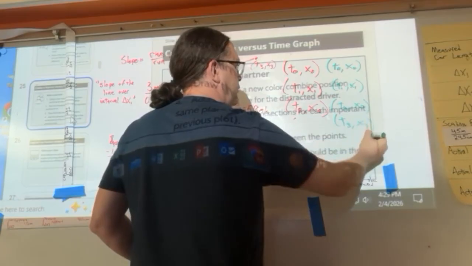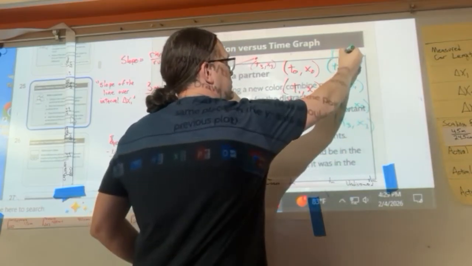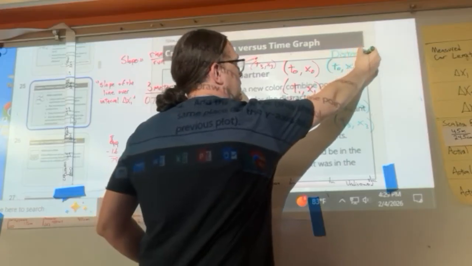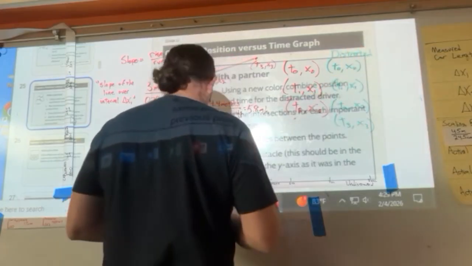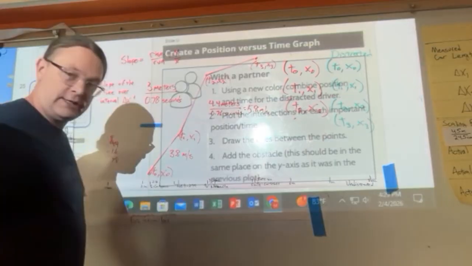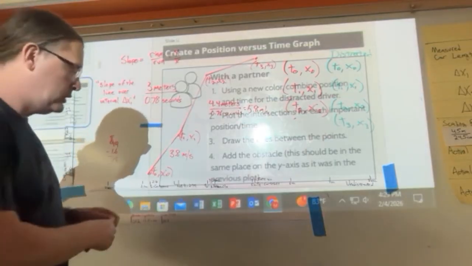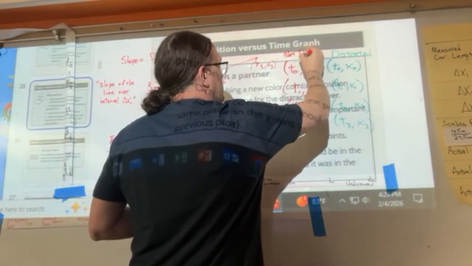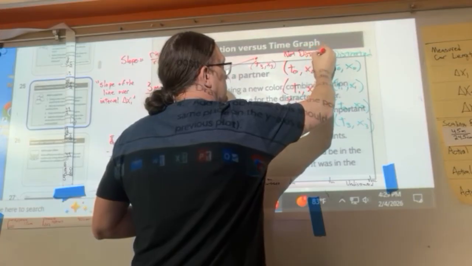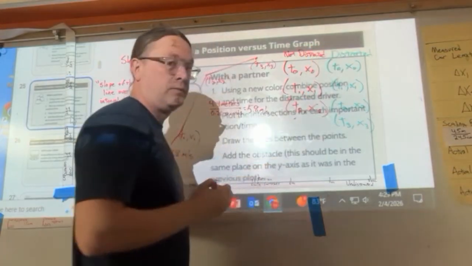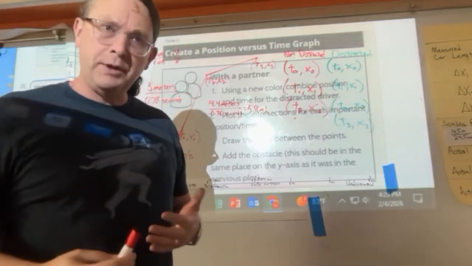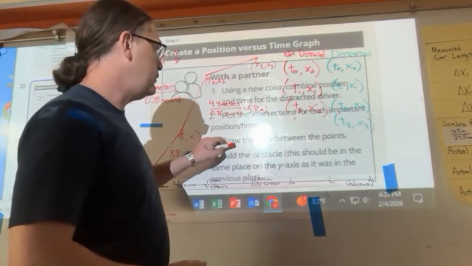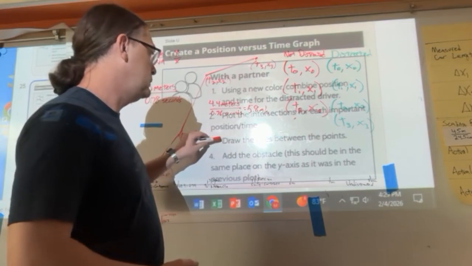You should have 4. This will be your distracted driver in a different color than your not distracted driver. Work with a partner. Draw the lines between the points.